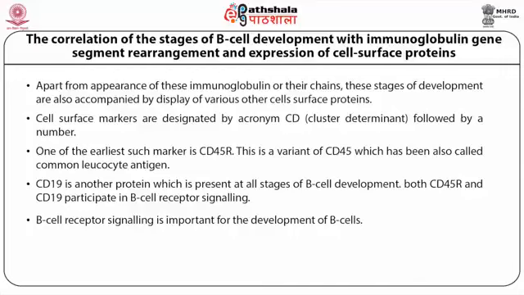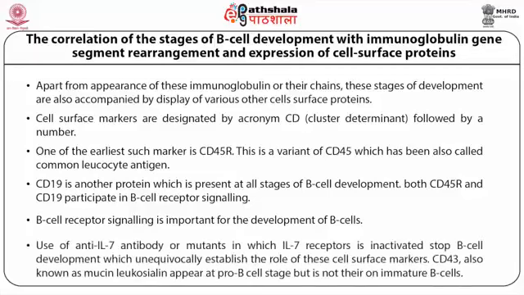Similarly, the receptor for IL-7 is expressed on the B cell precursors. This interleukin is an essential factor for the growth of both B cells and T cells. Use of anti-IL-7 antibody, or mutants in which IL-7 is inactivated, stops B cell development, which unequivocally establishes the role of these cell surface markers.